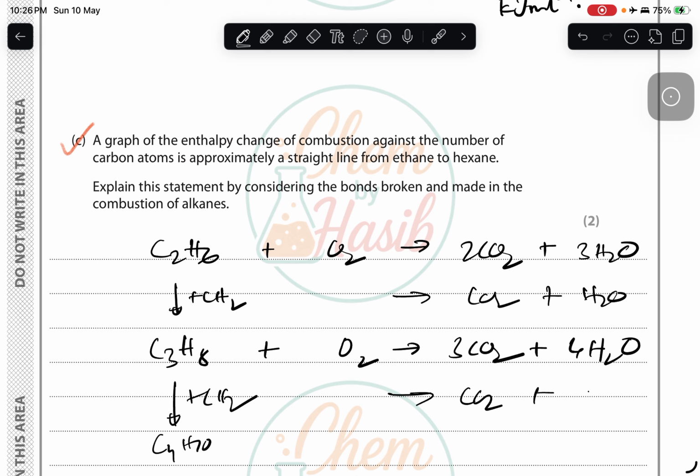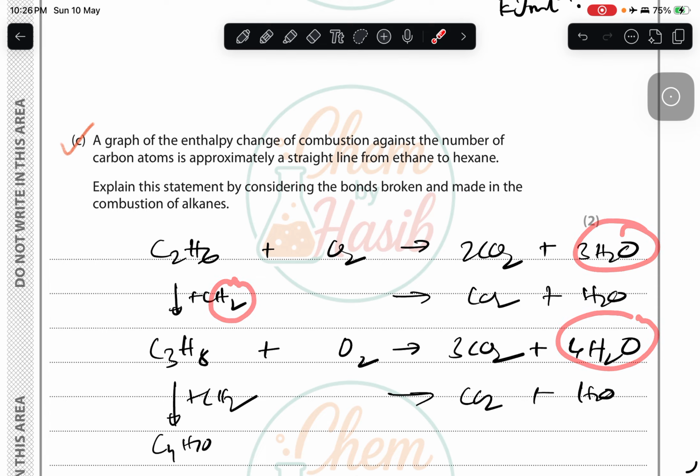So what's happening? From 2 CO2 it is becoming 3 CO2 because the carbon number increased by 1. So there's one more carbon dioxide here, because previously it was 2 CO2, now it's 3 CO2. There's also 2 hydrogen; if you carry out combustion of 2 hydrogen, it will produce 1 mole of water. So the number of water molecules also increased by 1. Get the point?